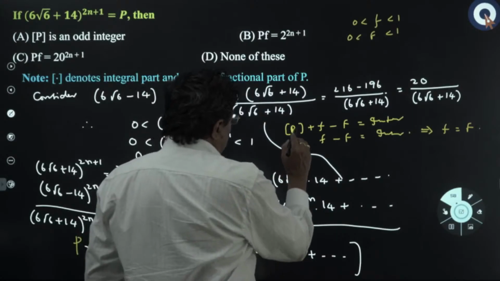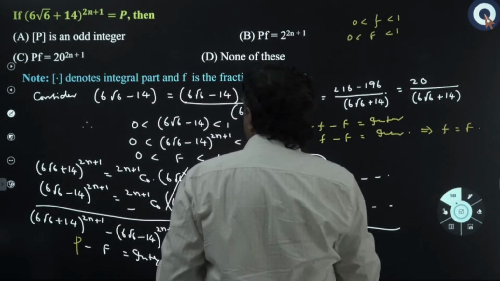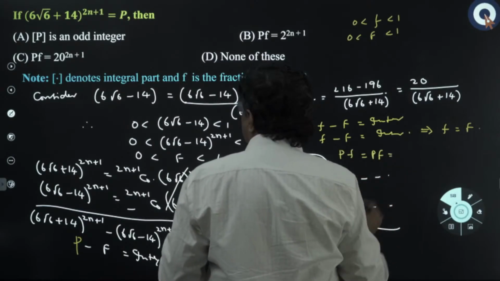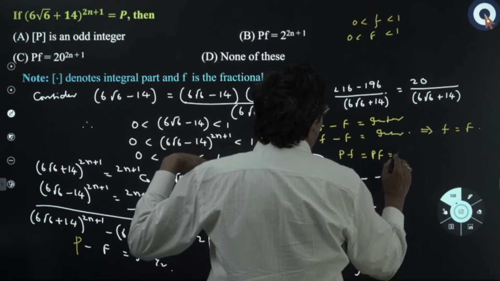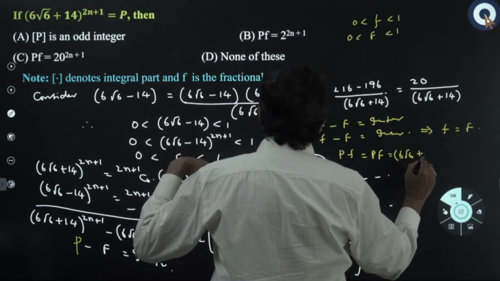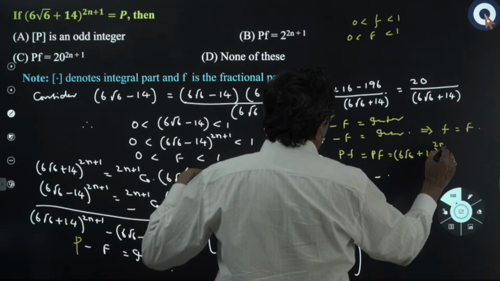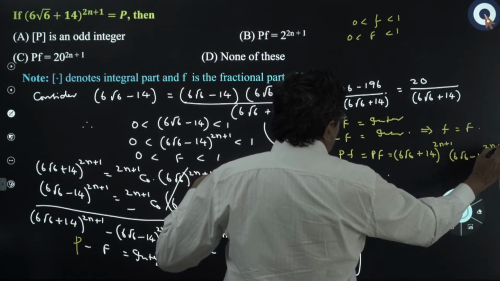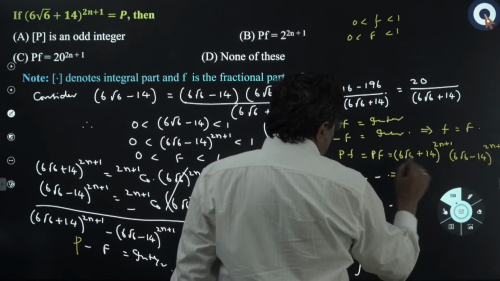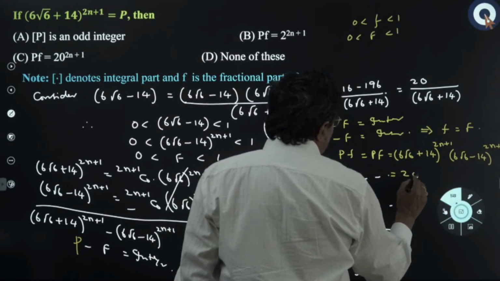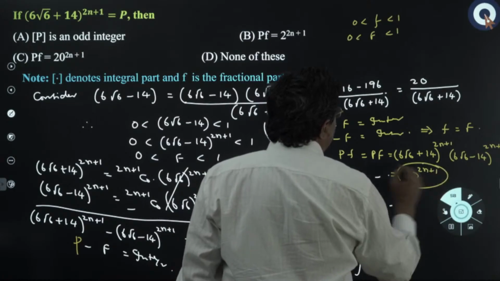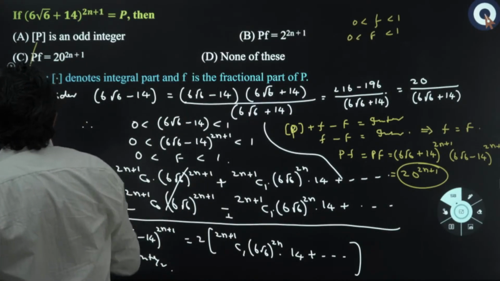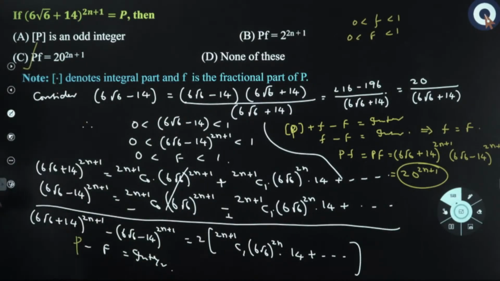So Pf is nothing but P into capital F. P is (6√6 + 14)^(2n+1), and capital F is (6√6 - 14)^(2n+1). When you multiply, you get (216 minus 196) to the power 2n+1, which is 20^(2n+1). So Pf is equal to 20^(2n+1), which is your required value.